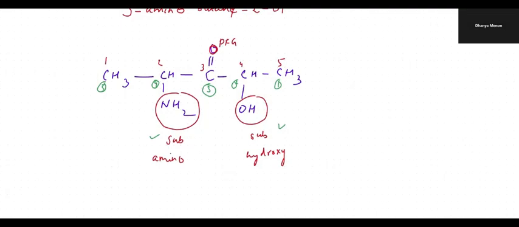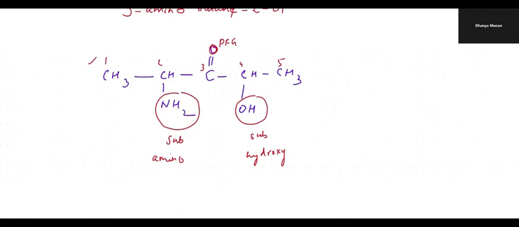Now, in this case, we number according to the alphabetical order. So according to the alphabetical order, amino and hydroxy, amino can be given the lesser number. So this numbering is okay. Priority is checked only to decide the primary functional group. Substituent has nothing to do with priority.